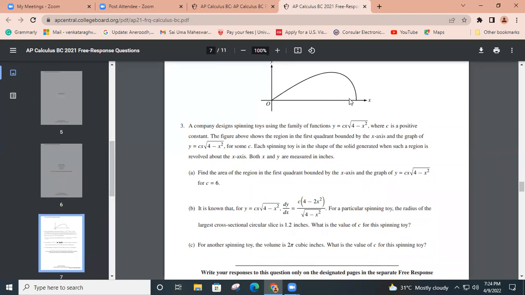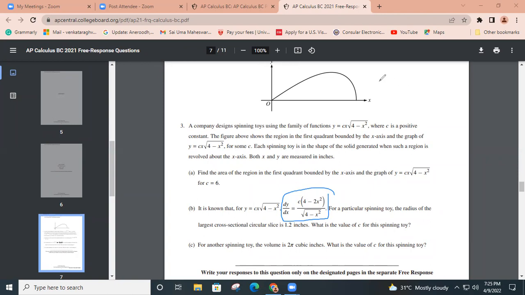We clearly know the minimum or the maximum for a given function occurs at the critical points. So first you try to do the derivative of this function. They gave the derivative of the function also. We know critical points occur when the derivative is equal to 0 or is not defined.